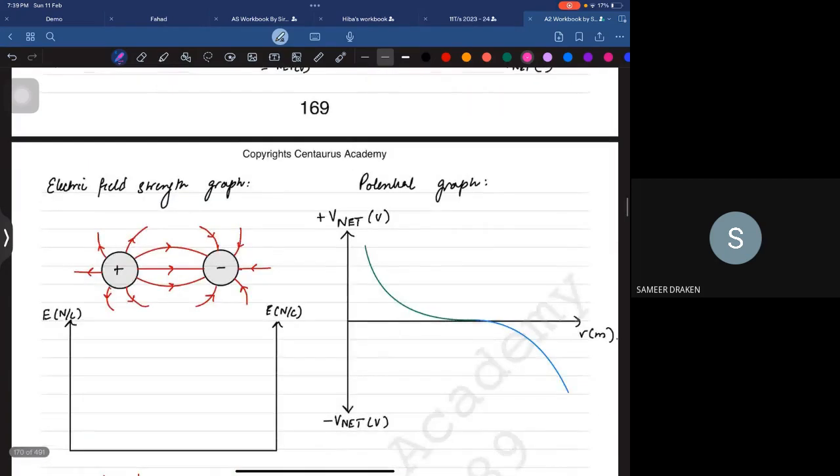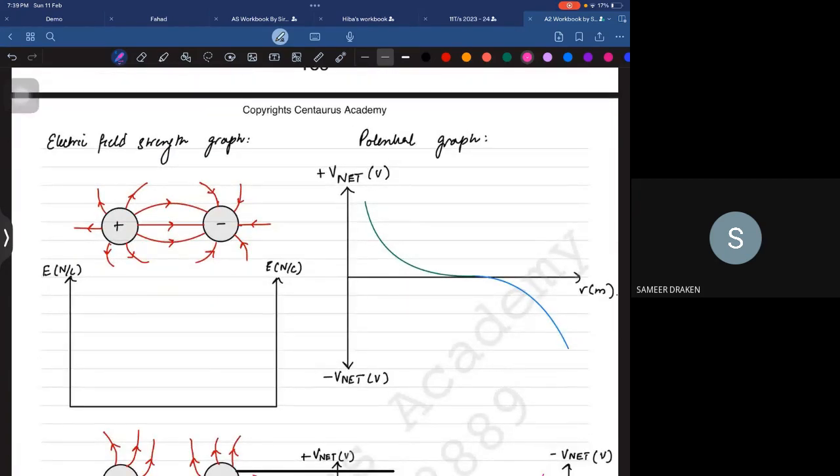Now, first one, you need to understand that electric field strength is the negative potential gradient of this, which basically means if I draw a tangent right here, you might see that this tangent I've drawn is of negative gradient, which means that it will translate into a positive maximum electric field strength. So here you will have a maximum point.